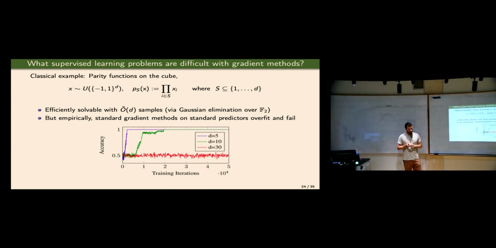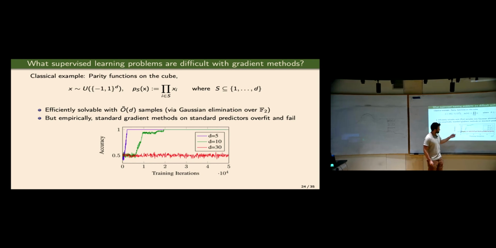In general, here there is no noise for the target function. And in this setting, it's exactly solvable because you can write this as a linear system over F2. Gaussian elimination works fine. But if you try running any gradient-based method, with basically any model, do all the tricks you want, it's not going to work.